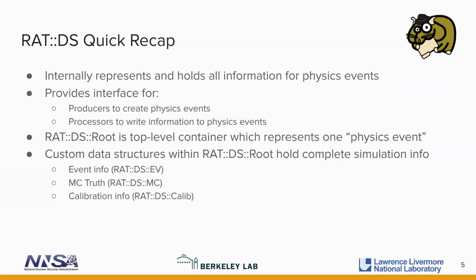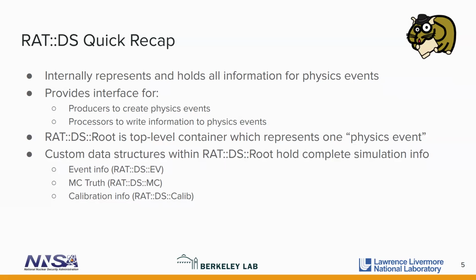The top level container is the ratDS root structure, which represents one physics event, which, as we mentioned, was defined by your generator. It can contain multiple particles and multiple detector events, and it holds lists of the custom data structures that hold all of the information. The event info that represents your detector event is the EV, which can have multiple per root event.